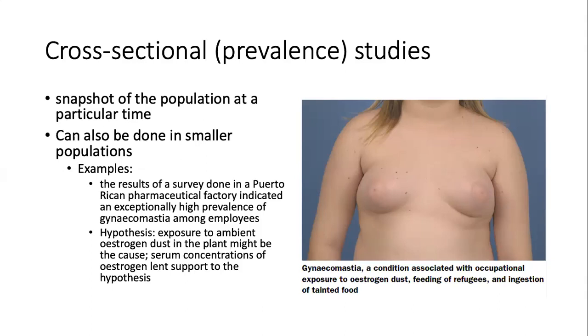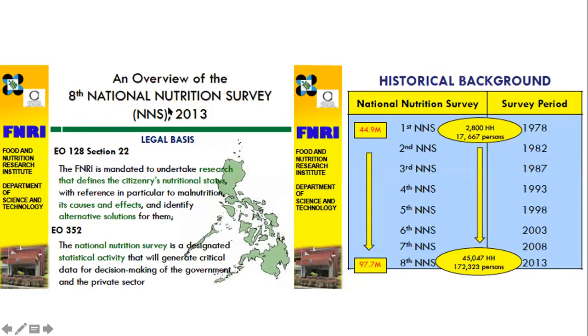So it doesn't really give us a temporal association between two factors. Cross-sectional studies can also be done in smaller populations. An example of a cross-sectional prevalence study would be the 8th National Nutrition Survey. This is a regular national survey that is done by the FNRI. The latest one is 2013.